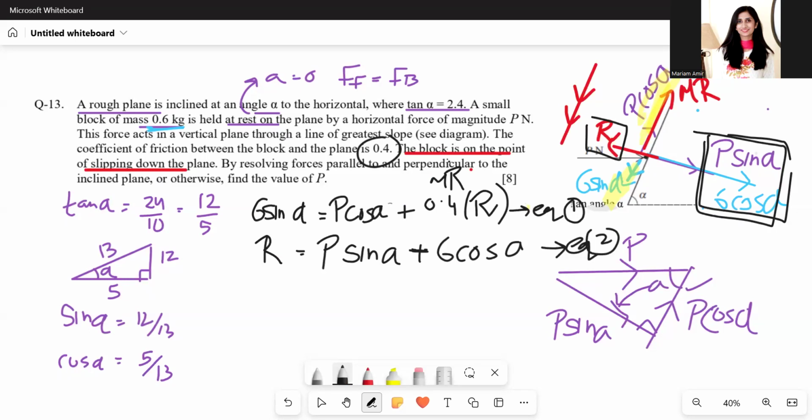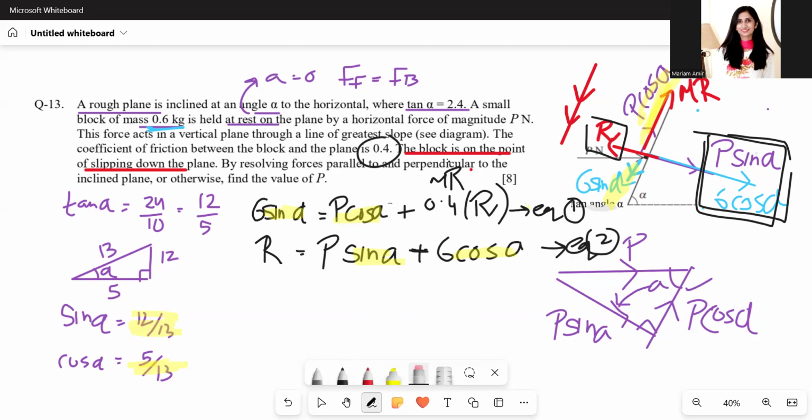Okay. Now what I'm going to do is replace this sine alpha and the cos alpha in both the equations with this 12 over 13 and 5 by 13. Let's do that. So let me clear this. Okay.